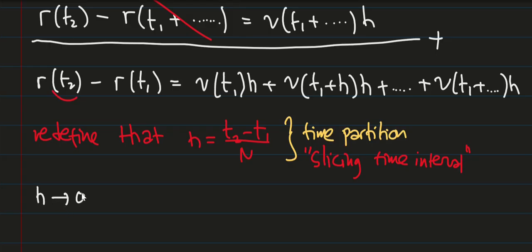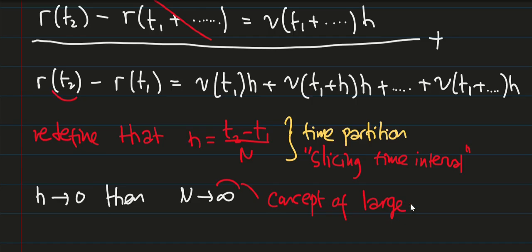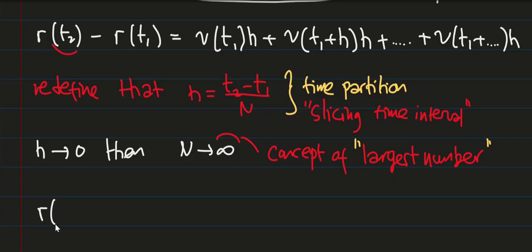So that means if h approaches 0, then n must approach infinity, a concept of a very large number. Then we can rewrite this as a sum, sigma.